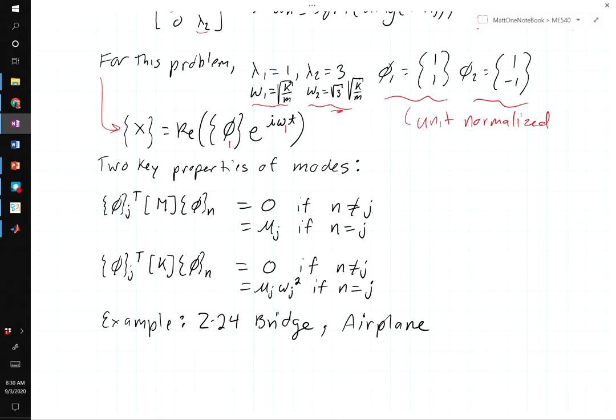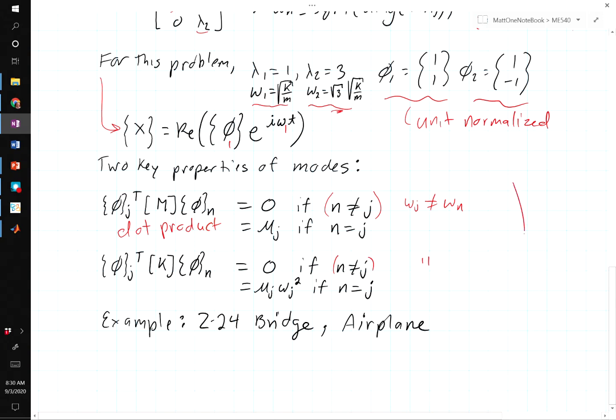Or actually, I guess I should say in the book, the proof actually says if omega j is not equal to omega n. We should actually update that. Same down here. But anyway, this is just a dot product.